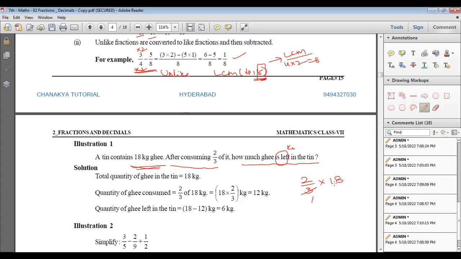Or else, simple thing, children. 2/3 means in three shares they used 2. They gave 18 kgs, so divide into 3 equal parts. 2 parts are used, 1 part is left. That leftover part is 6 kgs. In your mind only you can do this, children.